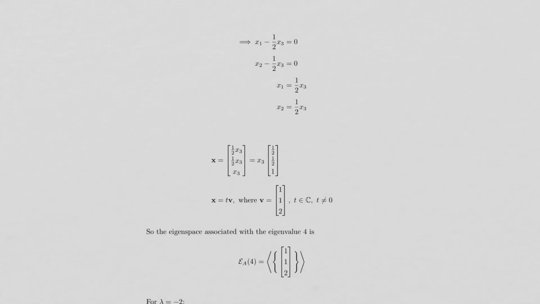And then I've got one free variable, x3, and 2 dependent variables, x1 and x2. So x1 is 1/2 x3, x2 is also 1/2 x3, x3 is free. I can factor the x3 out, and I get x3 times a half, 1. We'll do our trick that we did before, multiply this by 2 to get 1, 1, 2 to clear the fractions. So the eigenspace of A for 4 is the span of the set containing 1, 1, 2.